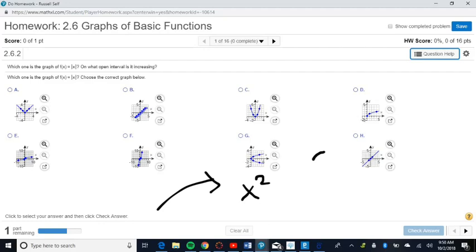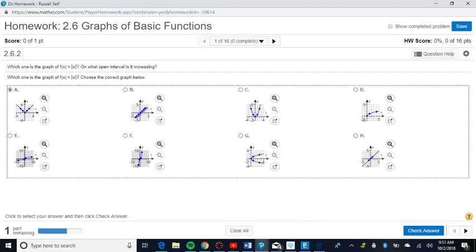We have a line that looks like this. That one is the cubing function, right? So think about the different shapes that we have. And the one when we have the absolute value is that it always goes up on both sides. So it's going to be a V shape. So if you look here, the V shape is A. So click on A and then move on. Let me take that out of writing mode so that I can click on it, so we can continue to the next part.